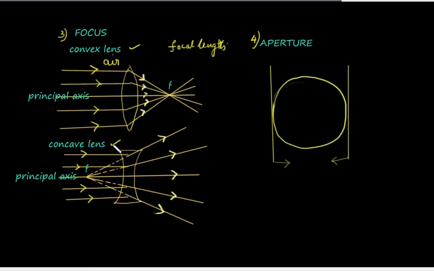So, for concave lens, the focus is on the same side of the incident light. For convex lens, the focus is on the other side of the incident light. The distance of the focus from the optical center is what you call focal length. Focal length is very specific for a lens and it depends upon the curvature of the lens.